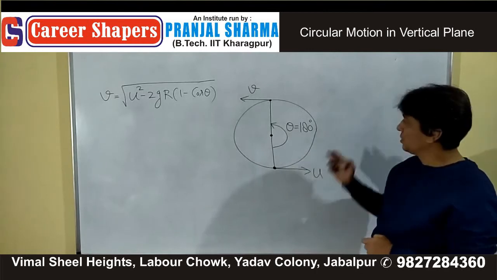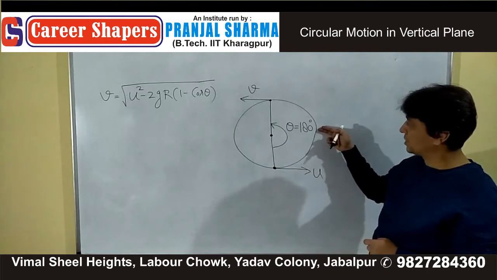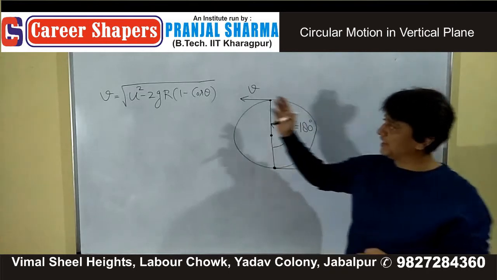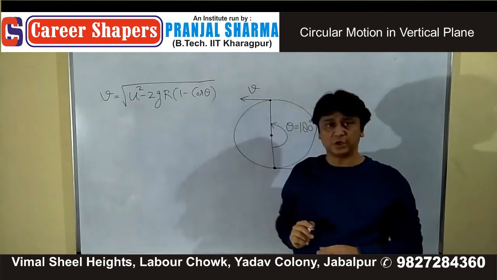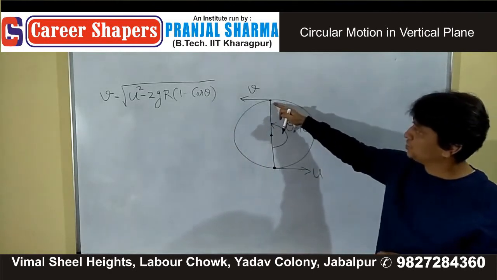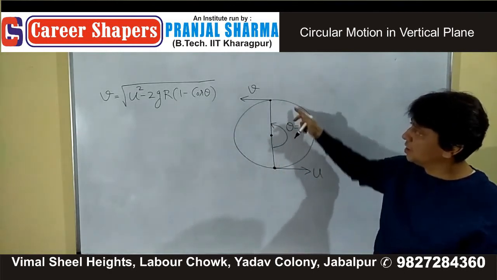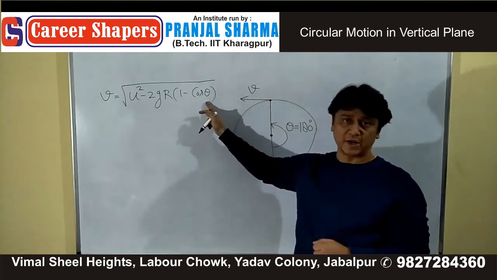Now, to reach 1/4 mark, we put theta 90, V 0. To reach half mark, we'll put theta as what? 180.